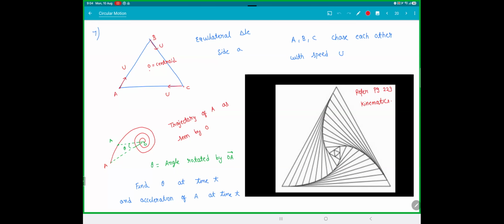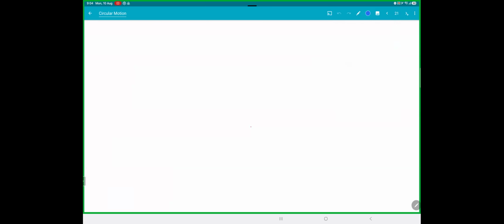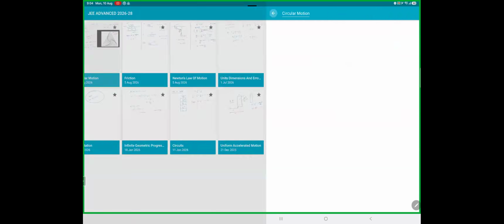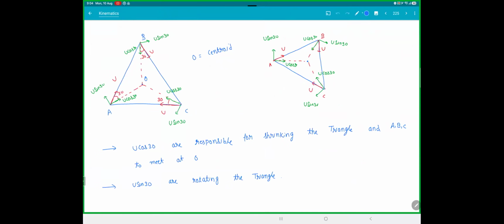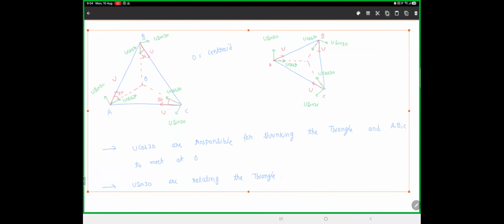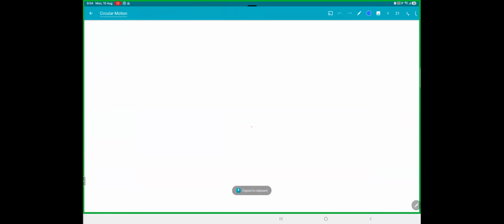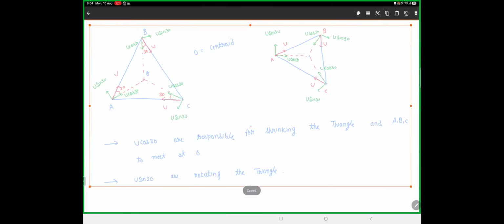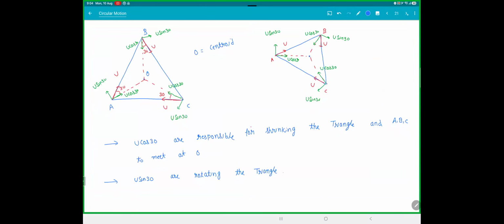Let's see. So let's look at that story again. This is the same story. So u cos 30 is responsible for shrinking the triangle, and u sin 30 is rotating the triangle.